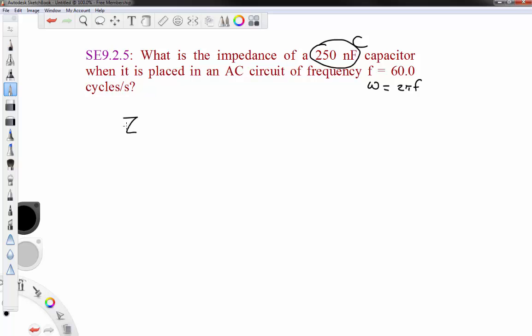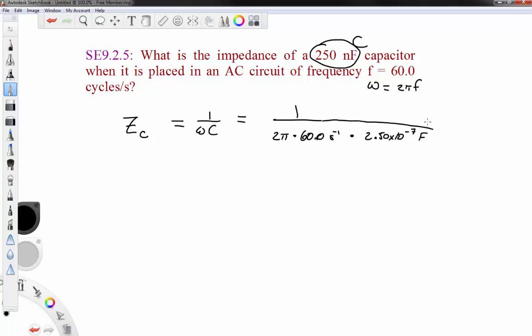The impedance for a capacitor, called the capacitive reactance, is given by 1 over omega times C. So that would be 1 divided by 2 pi times 60.0 per second times 250 nanofarads. So that's 2.50 times 10 to the negative 7 farads.